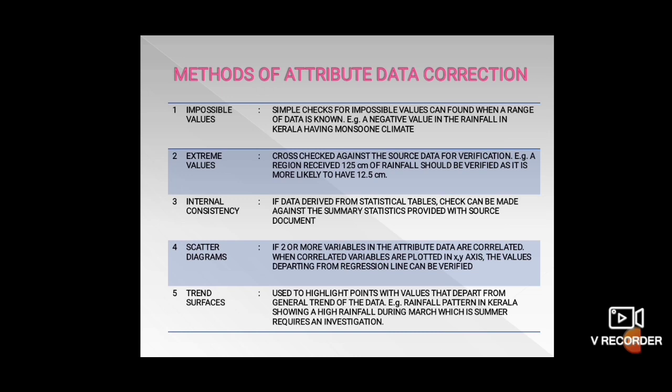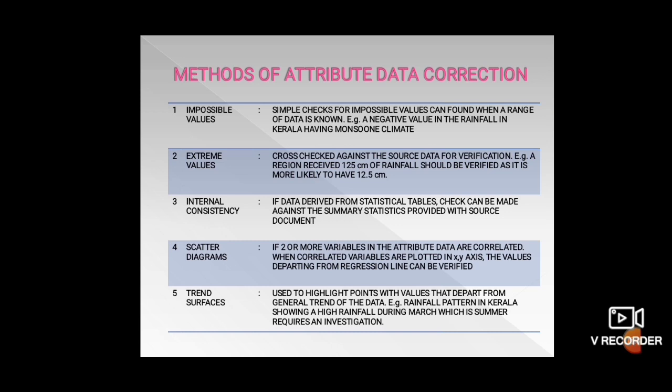Which are the common methods of attribute data correction? The first one is an impossible value. I will explain with the help of an example. Consider one of the southernmost states of India, Kerala. The state receives very high rainfall during the monsoon season. A negative value in the rainfall in Kerala during the monsoon season means there can be an impossible value.